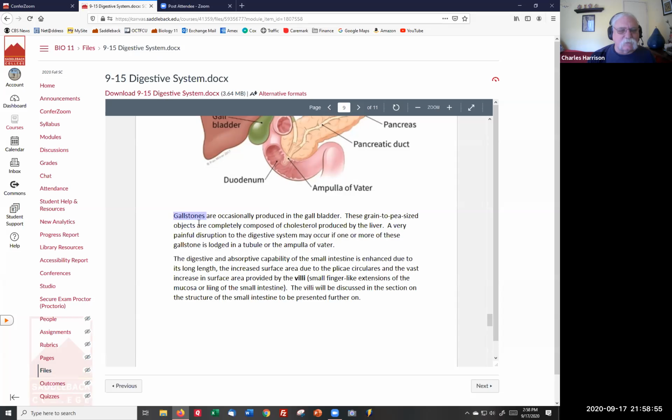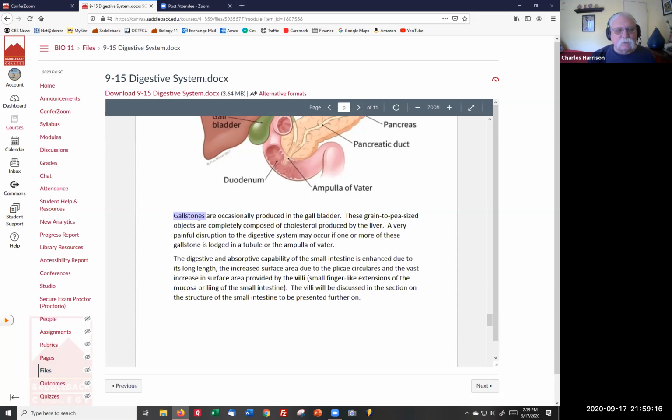But if you get gallstones, they are formed from 100% cholesterol. One of the functions of the liver that we didn't mention earlier is the production of cholesterol for the membrane health of the entire body.